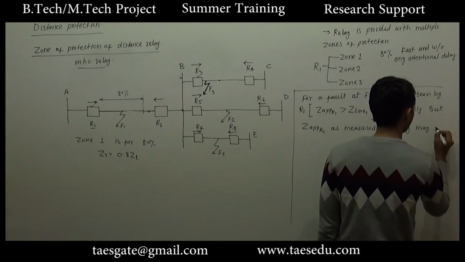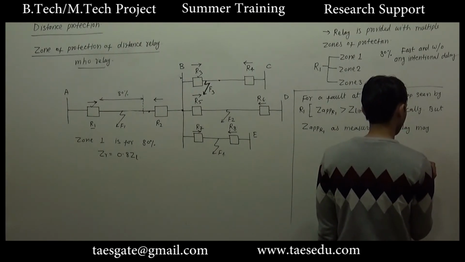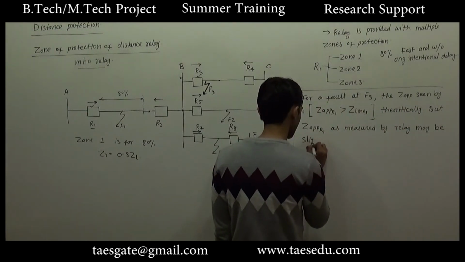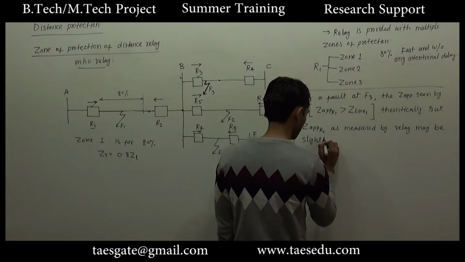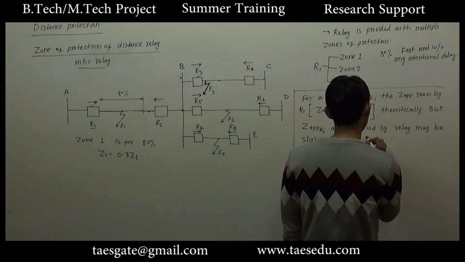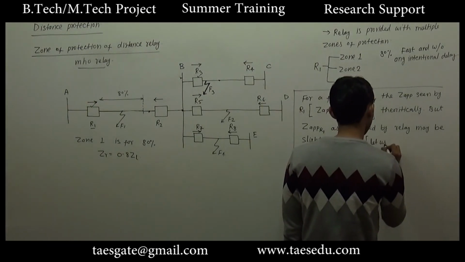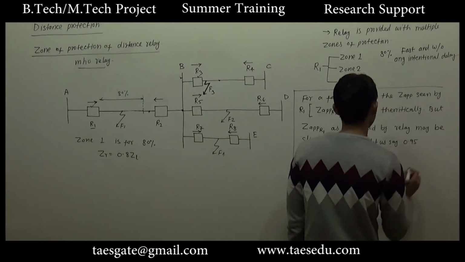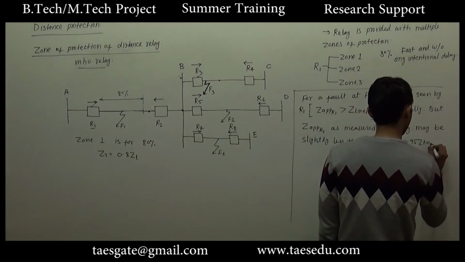may be slightly less than, let's say, 0.95 Z line.